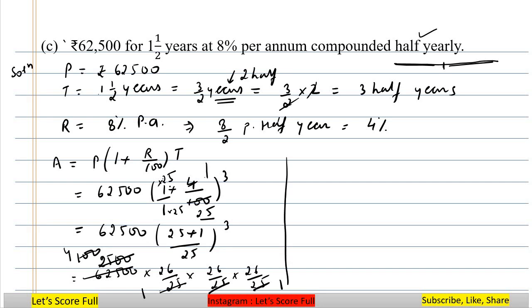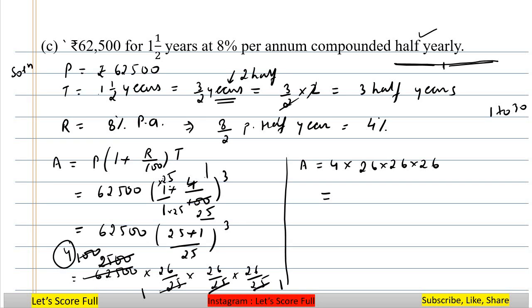25 ones are, then it is 4s are. So what is the answer? Amount is equals to, I have 4 over here. So 4, then 26 three times. The final amount I will get is how much? See, these calculations are quite long, but if you learn the squares from 1 to 30, it will make your calculation easy.